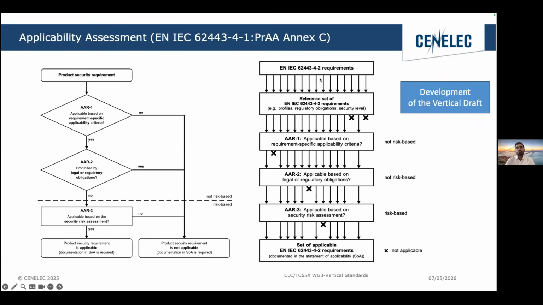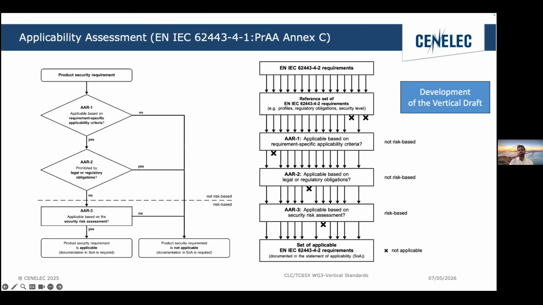This is a visual representation. You take the broad vertical, and take all the requirements based on the requirement profiles obligation. You come up with a list of requirements, and you do the applicability criteria AR1. We removed some requirements, then we did the regulatory obligations and removed some more, and finally you do the risk assessment.